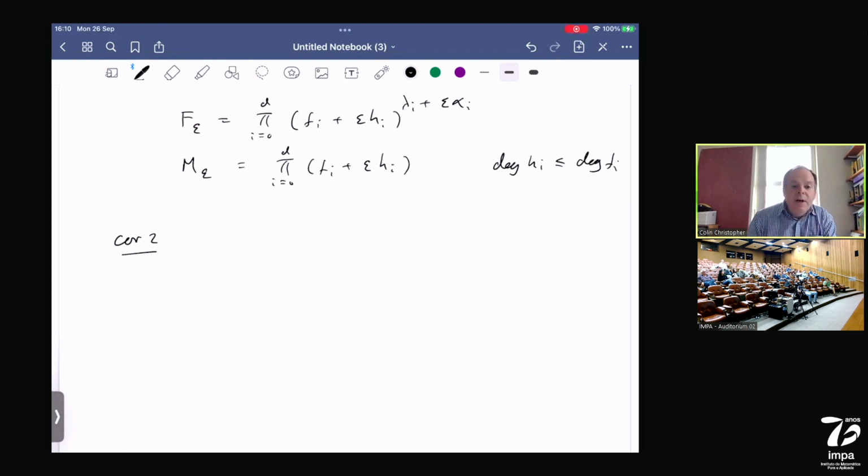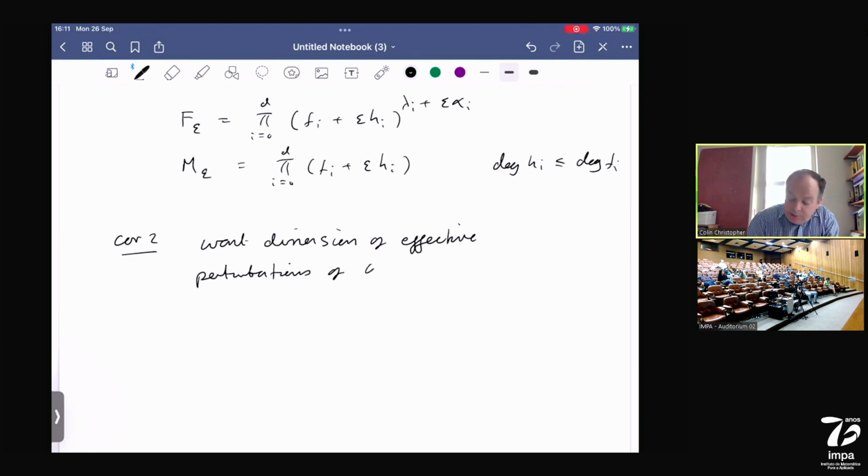Corollary 2 asks how we could actually use this effectively for doing perturbations. So how do we actually use this information to generate limit cycles? We're interested in the number of effective, or if you like, the dimension of the effective perturbations of the form omega plus epsilon eta.